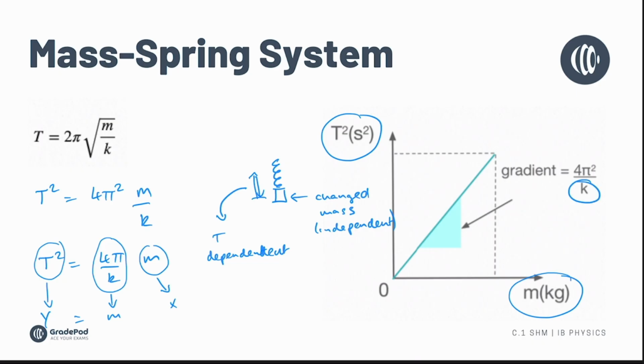This graph and this system is something I'd expect you to see in your data analysis questions in your exams. And similarly, I want you just to imprint this on your brain right now, because I'm going to go to the pendulum system, okay?